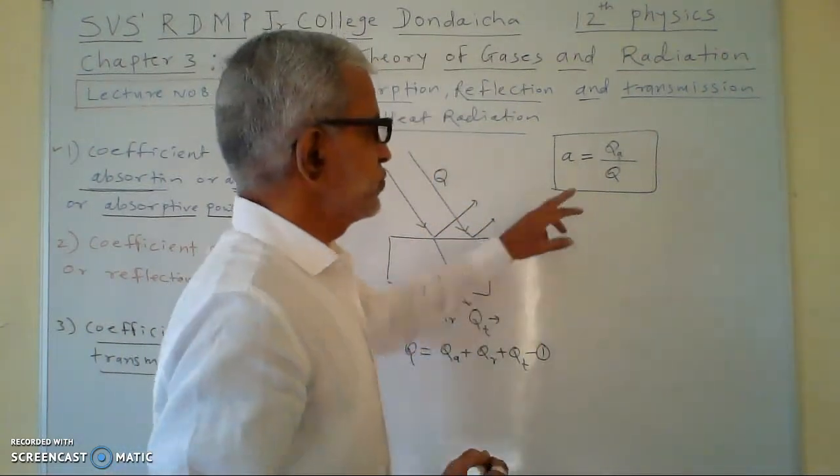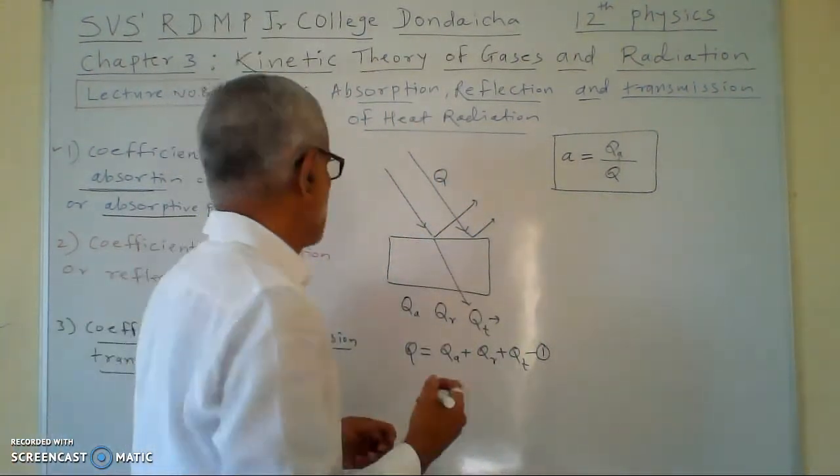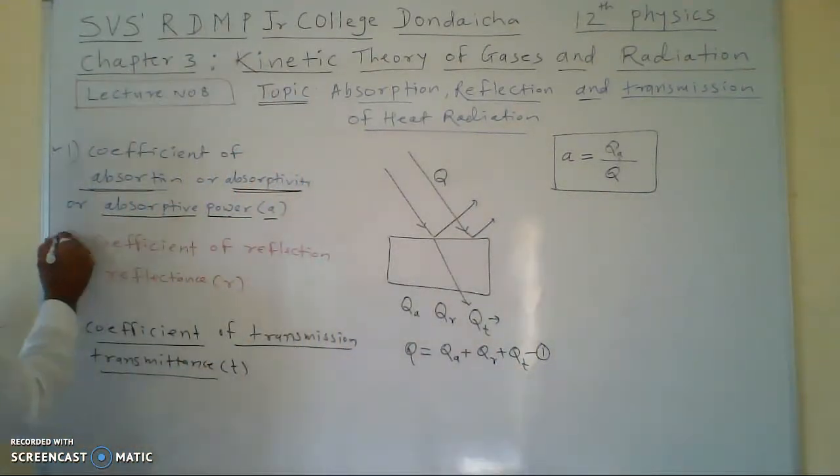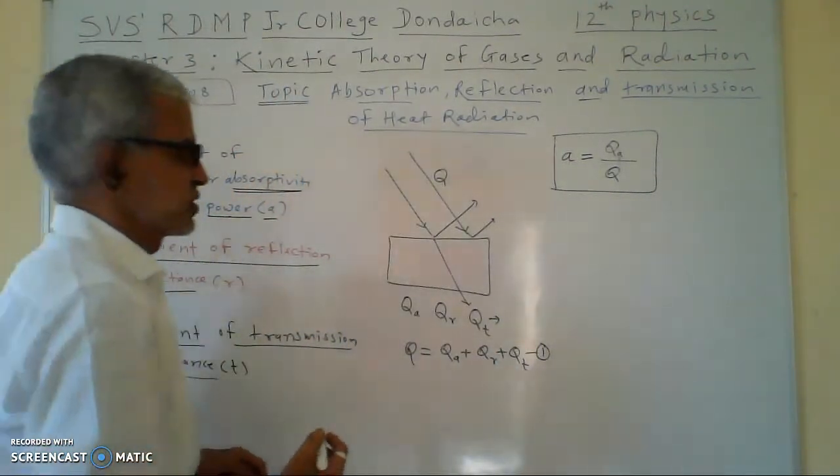So this is the first coefficient, it is called the coefficient of absorption. Then the second coefficient is coefficient of reflection or it is reflectance.